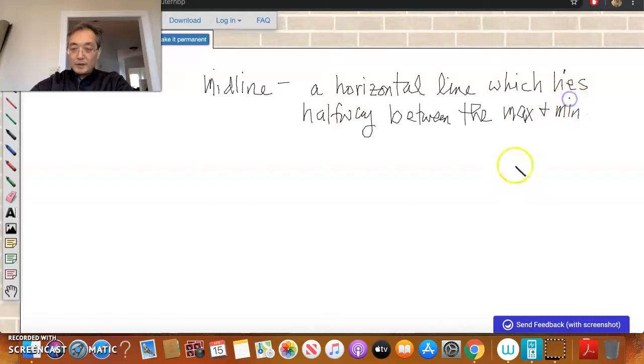Okay, so it is a horizontal line which is halfway between the max and the min.